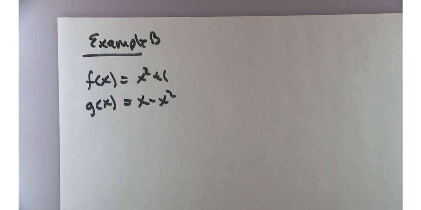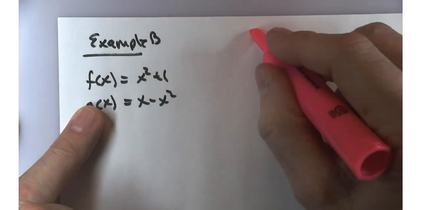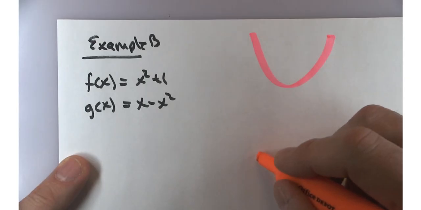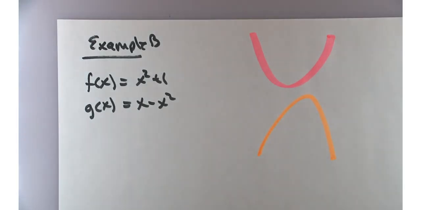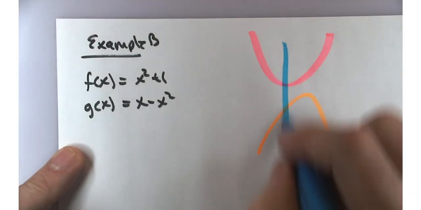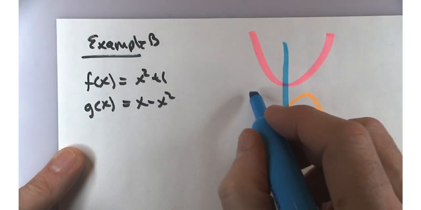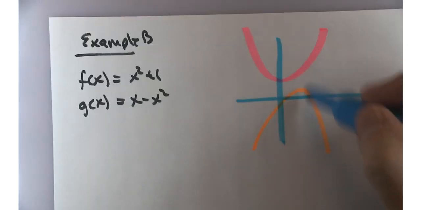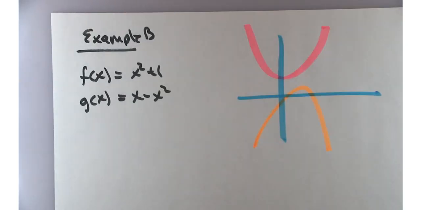You've got a parabola that opens up, and then another one that opens down. And somewhere in between, we want to minimize this distance. What's the minimum distance between these two?